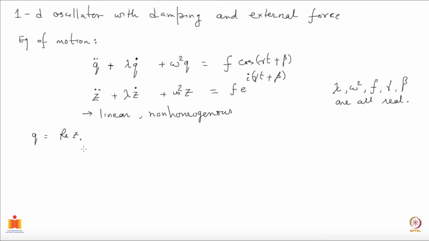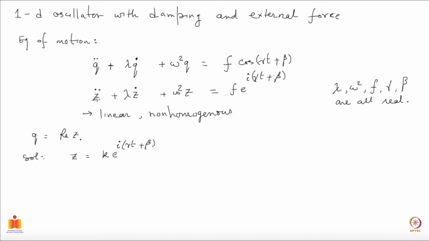So what I do is I say that z is of the form k e to the i (gamma t plus beta), and we substitute this because this is the only possibility that's going to work, right?